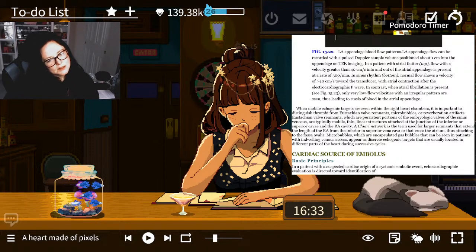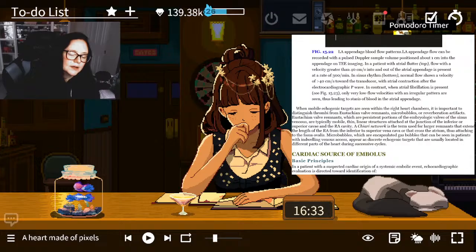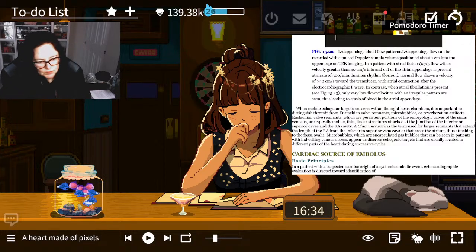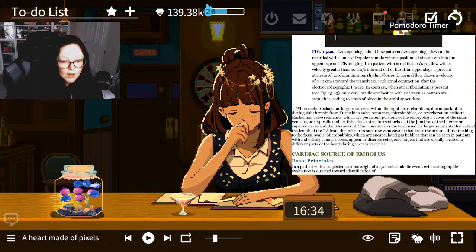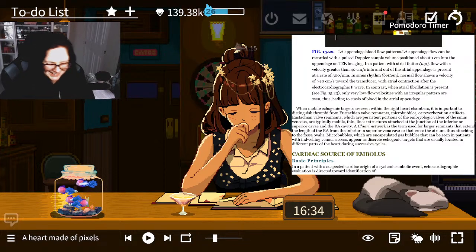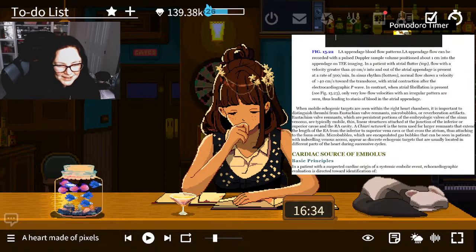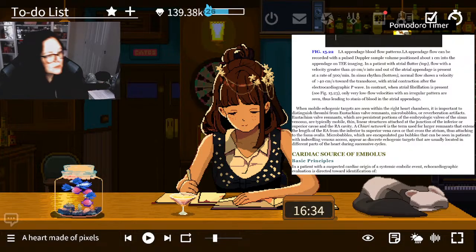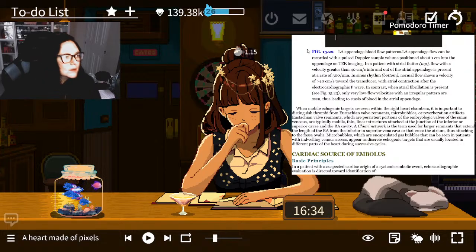I think it's left. But I'm going to be honest, it looks like the coronary sinus. It doesn't even look... Oh, that's an option. Yeah, I bet that's the coronary sinus. Oh, you know what?